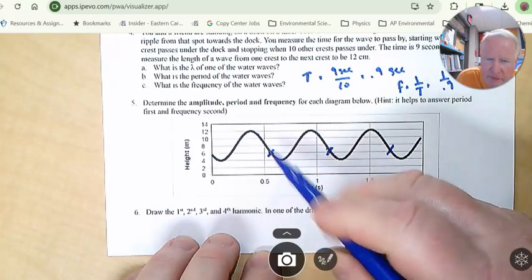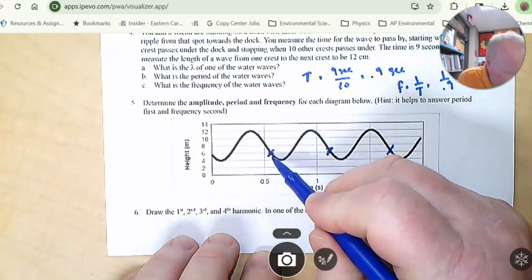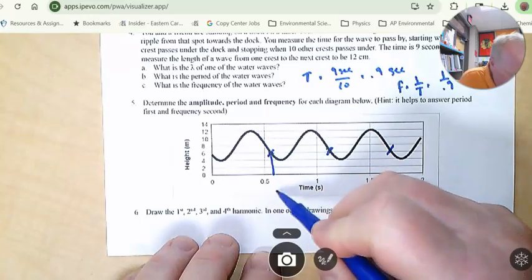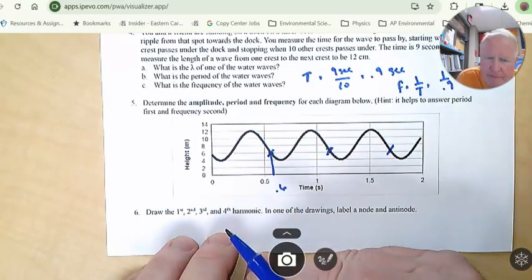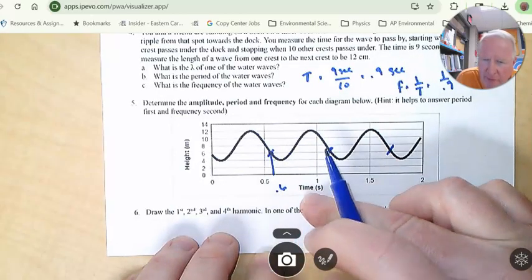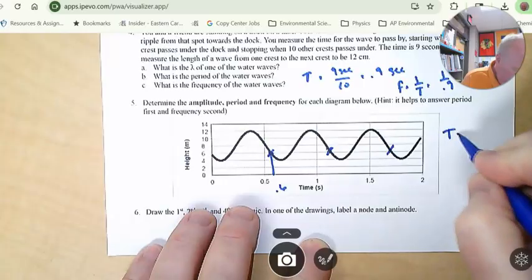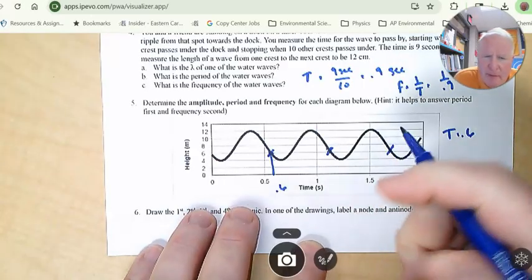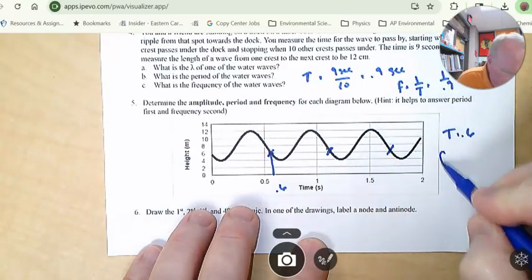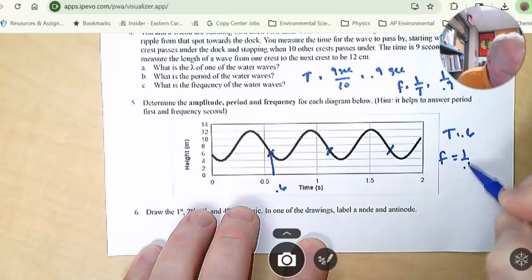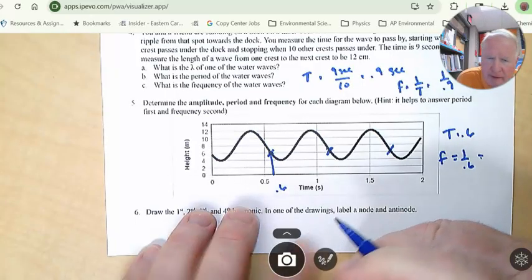Okay, and so if we wanted to find the period, well, we would just take from here down, and I think we're saying that that's 0.6. Okay, so the period in time is 0.6, so T equals 0.6, and then we want the frequency, so we'll just take 1 divided by 0.6 to find the frequency, and then the amplitude.